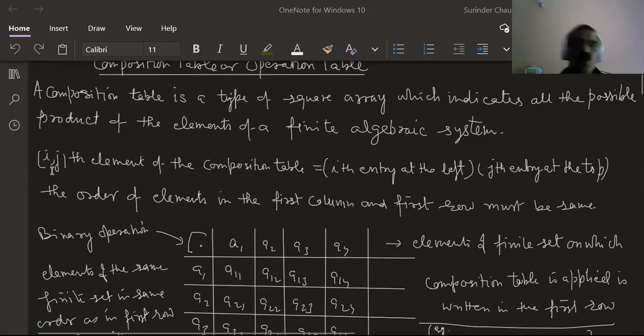So this is our composition table. This is the 1 2 entry of this composition square array.